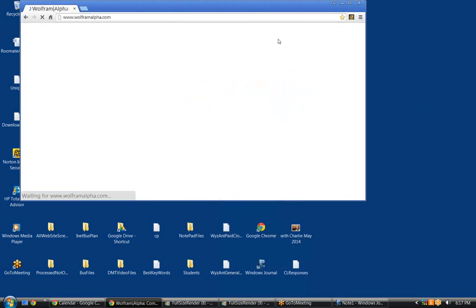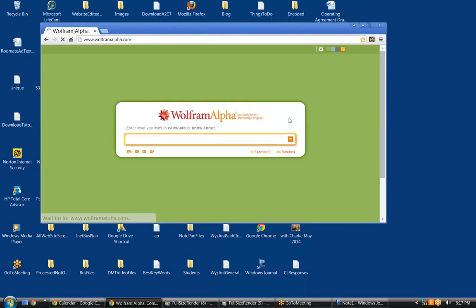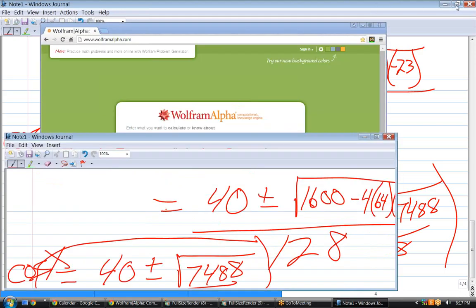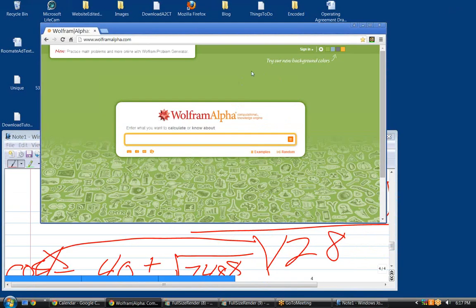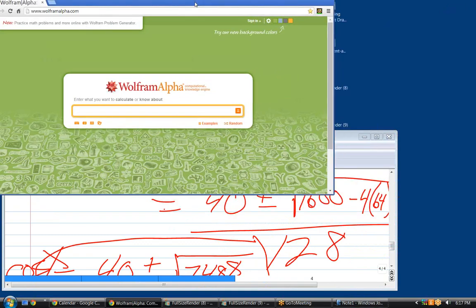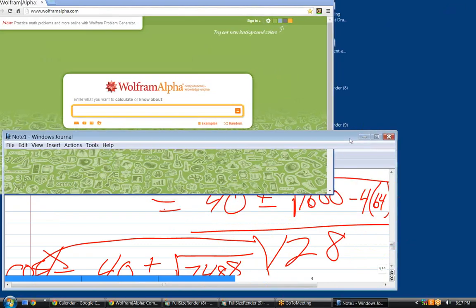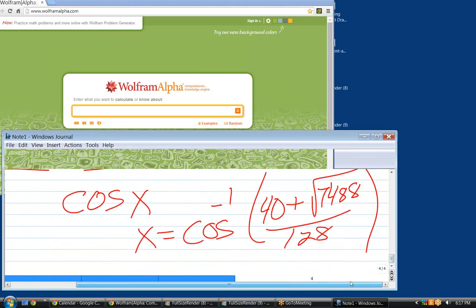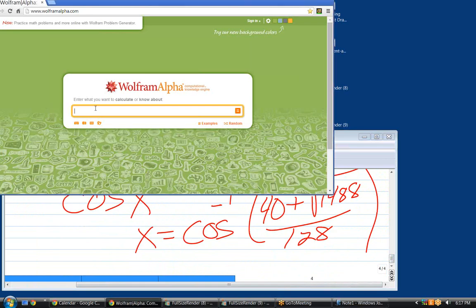TI-84 Plus. Okay. The problem with the TI-84 Plus is it does not give you feedback, whereas this does. If I do this on Wolfram Alpha, it'll tell me if I'm putting it in incorrectly or not, because it shows me what I've put in. So let me put this in here.